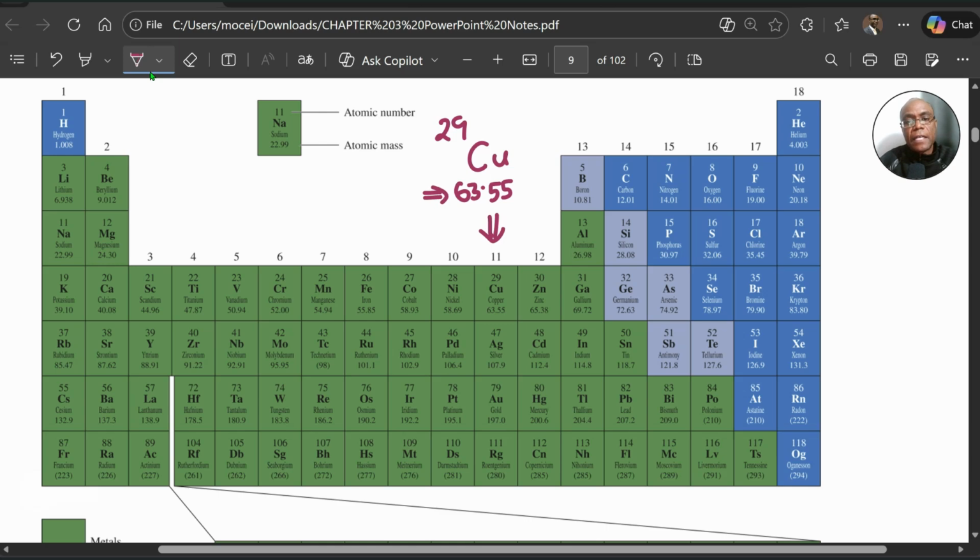This right here is our average calculated mass of copper from its isotopes, and this 29 is the number of protons, or rather the atomic number of copper. So the process of finding all these other masses, including sodium 22.99, nitrogen 14.01, oxygen 16.00, carbon 12.01, is similar to the process that we just followed by weighting the atomic mass units by their related percent abundances, isotopic percent abundances.